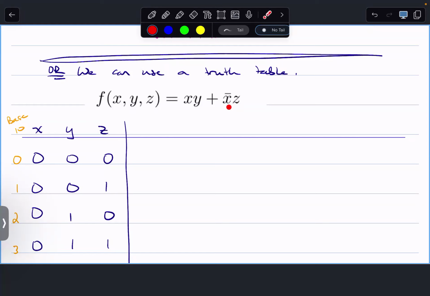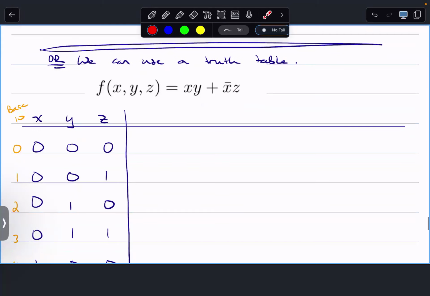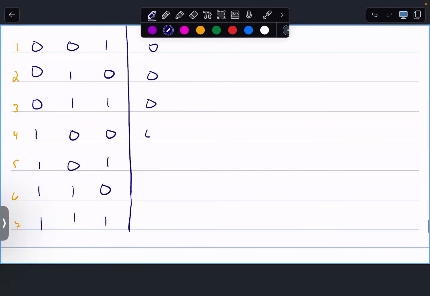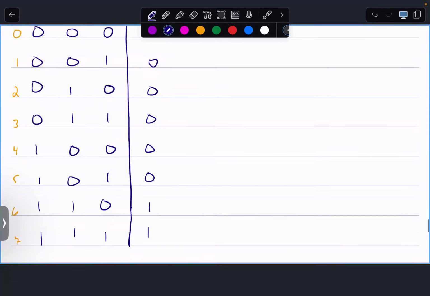So my first move is to make a not X, because then I can make not X times Z immediately. Maybe I shouldn't do that. Let's do them as they appear, but you are allowed to do that if you find easier ways. X times Y is 0, 0, 0, 0, 0, 0, 1, 1.